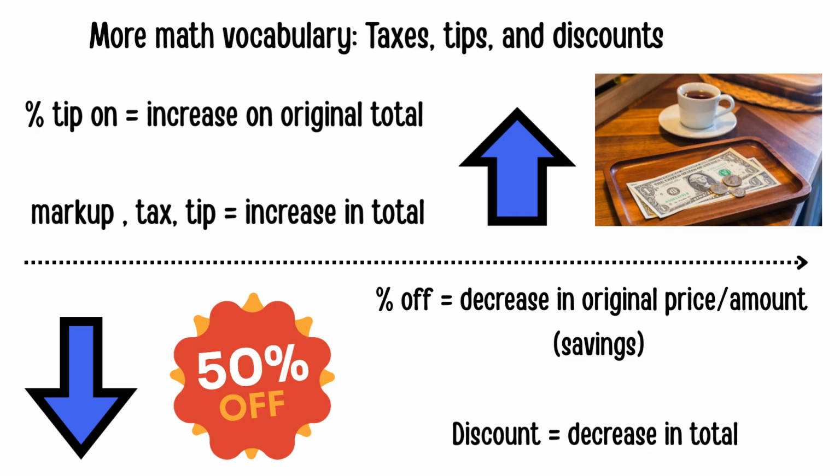Sometimes you may see a percentage off or a sale. This will result in a decrease in the original price or the amount, also known as a savings. A discount will result in a decrease in the total amount of money that you will pay.